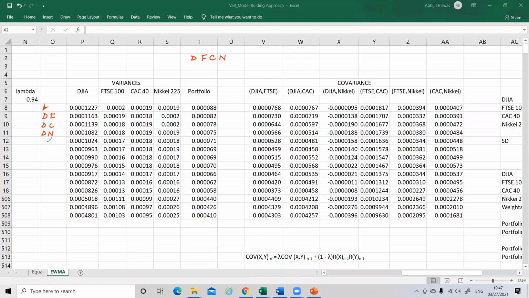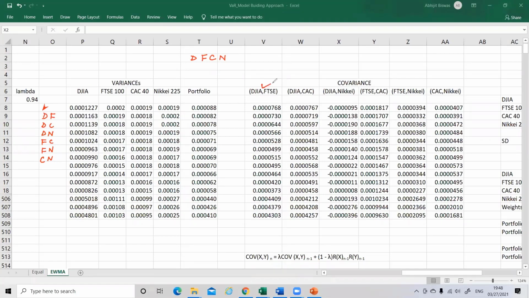Then you start with the second one. So you should go like this, FC, then FN, right? Yes or no? Then you start with the third one. So these many combinations are possible. Have you understood?